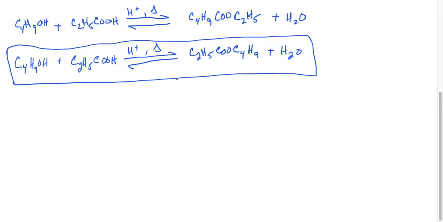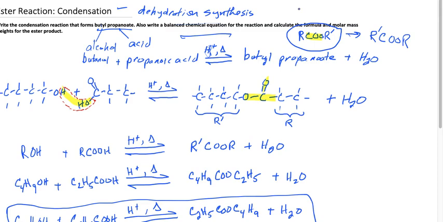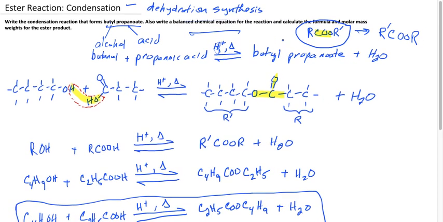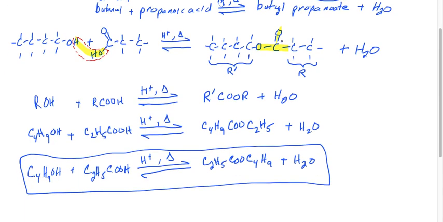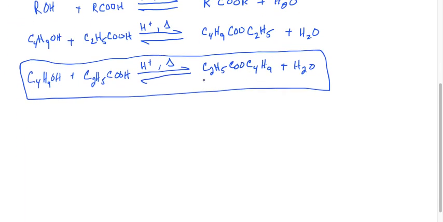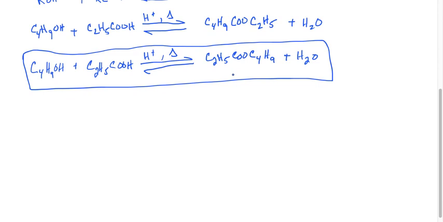So now the last part of this problem is calculate formula mass and molar mass for the weight of the ester product. Well, that's this right here. Okay, so remember, this is the formula for it, but now what we want is our empirical formula.